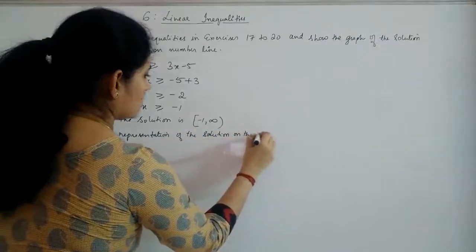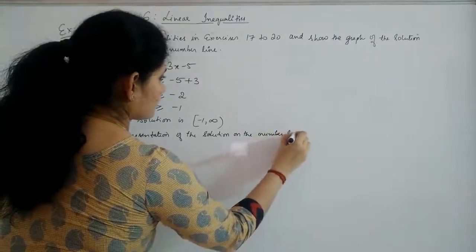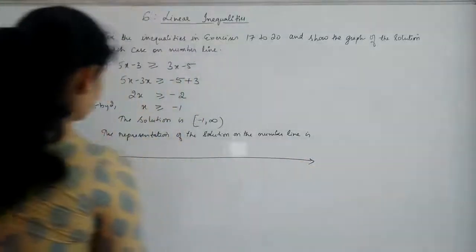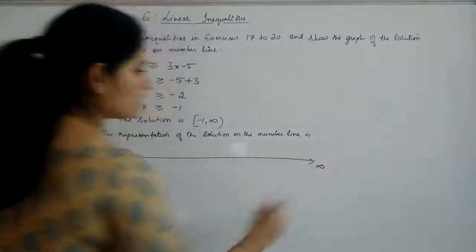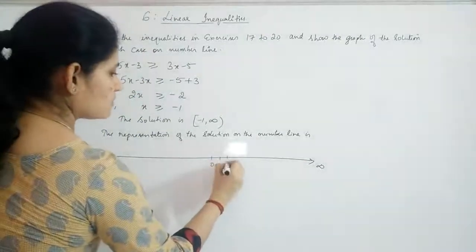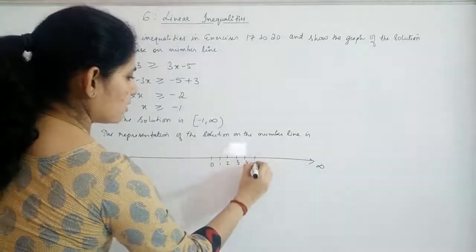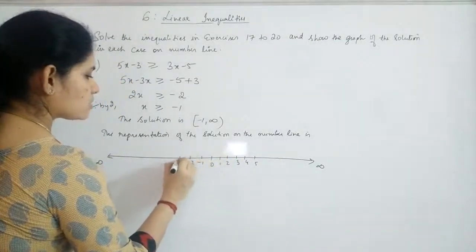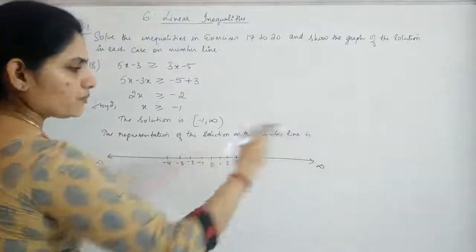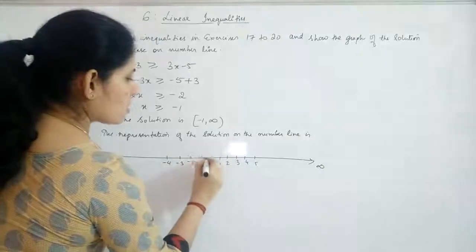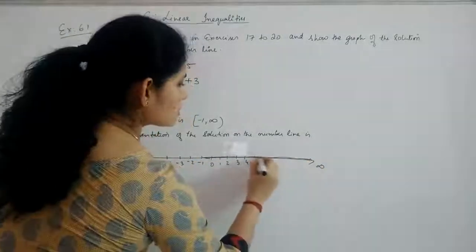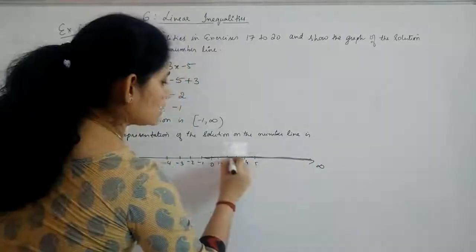The representation of the solution on the number line will be as follows. You have to draw a number line, show infinity and minus infinity, and 0 on the number line. These are your positives, 1, 2, 3, 4, etc., and negatives minus 1, minus 2, minus 3, etc. Since the solution is from minus 1 to the greater part, all of this will be darkened, till the end, so that it represents minus 1 to infinity.